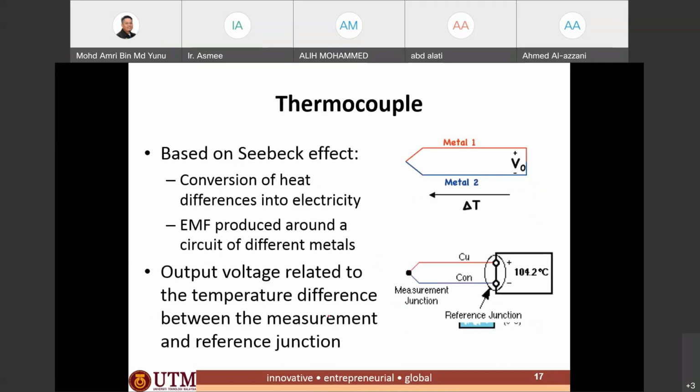So when two dissimilar metal wires are combined together, they create two junctions. One is the measuring junction, one is the reference. At the end of the open terminal, there will be EMF induced.